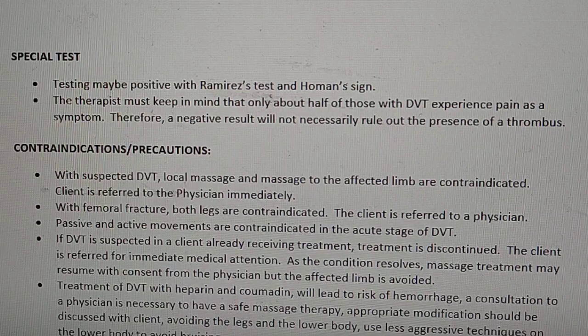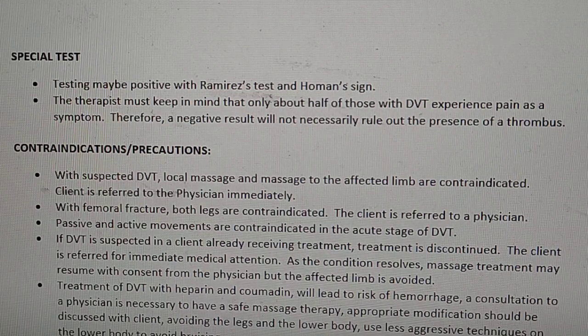The therapist should keep in mind that only about half of those with DVT experience pain as a symptom. Therefore, a negative result will not necessarily rule out the presence of thrombus.